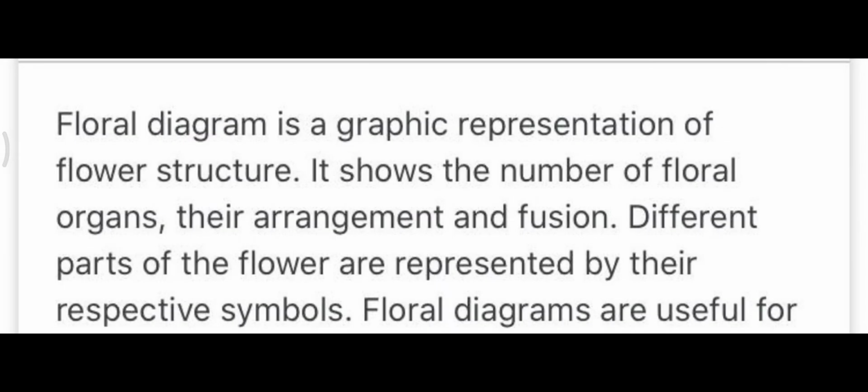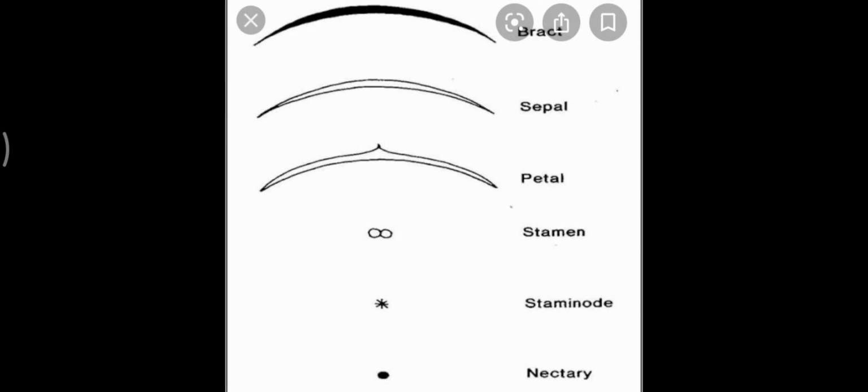Now let us see the floral diagram. It is a graphic representation of a flower structure, and it will give you the floral organs, their arrangement and fusion. Different parts of flower are represented by symbols. So the symbols that are used are given here. The dark color semicircle is a bract.